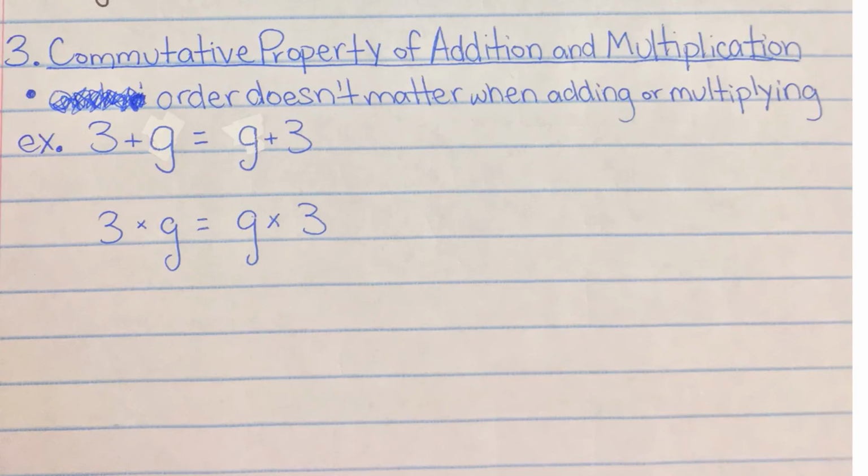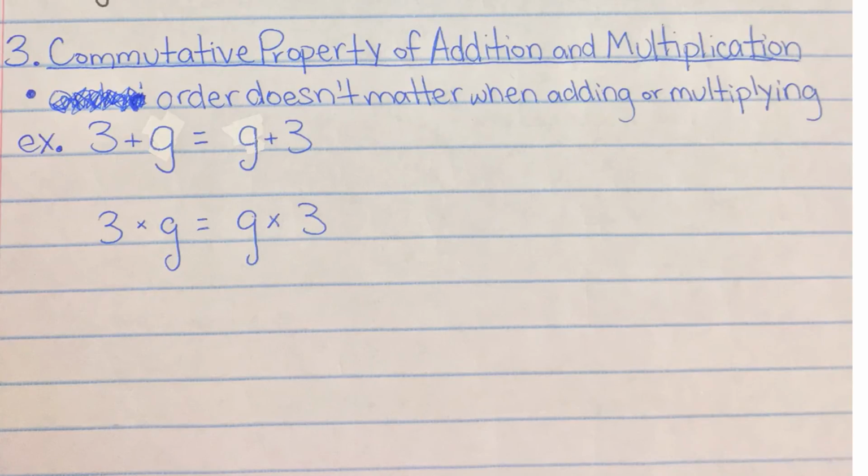So basically it just means that you can exchange the order of addition and multiplication problems and it doesn't change. So here in our description it just says the order doesn't matter when adding or multiplying. So in our examples we have 3 plus G is the exact same thing, equals G plus 3. 3 plus G equals G plus 3. Pretty simple. Down here it's the same thing. 3 times G equals G times 3.